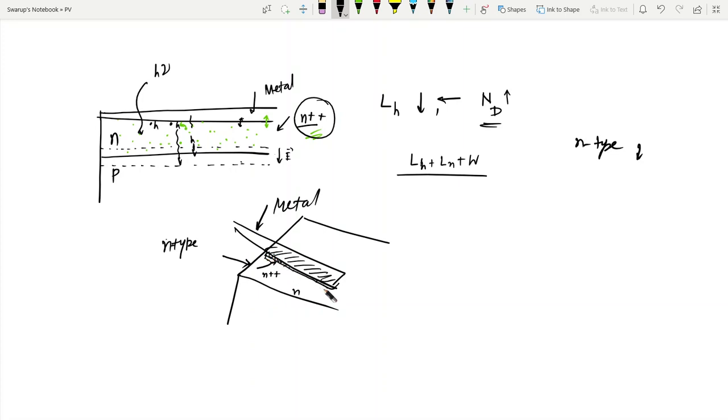Just below the metal, the semiconductor we can make heavily doped. So here only the electrons will be collected through the metal, and then this electron goes to the back contact, right?